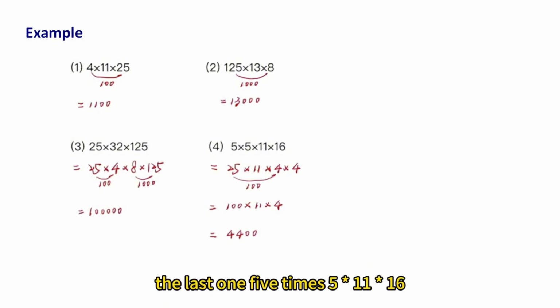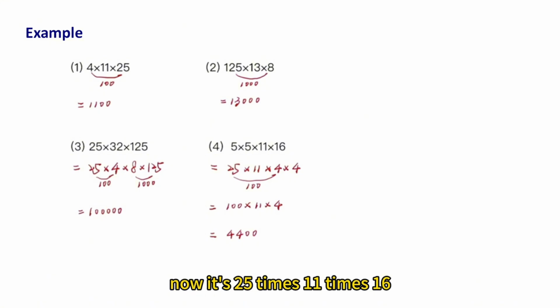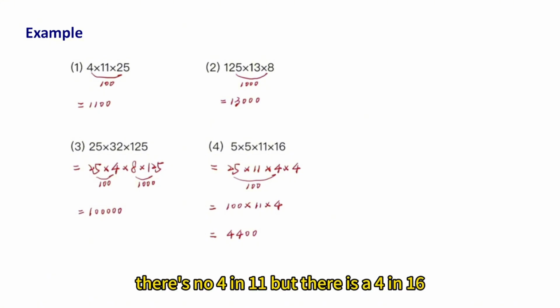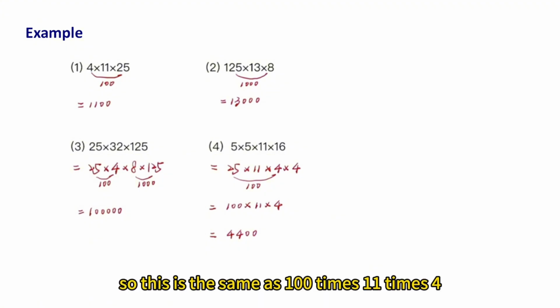The last one. 5 times 5 times 11 times 16. How do you play this one? Look, 5 times 5 is 25. You have to be sensitive to this. Now it's 25 times 11 times 16. I'm 25. I want a 4. There's no 4 in 11, but there is a 4 in 16. 4 times 4 is 16. Hey, 25 finds a 4. That makes a 100. So this is the same as 100 times 11 times 4.